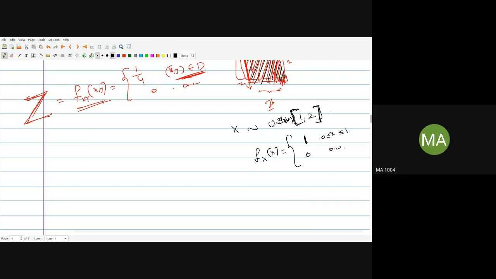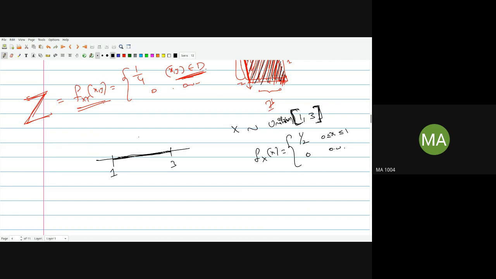It's an interval. When I say uniform, x takes values 1 to 3, and the density for 1 to 3 should be the same. It is independent of x.